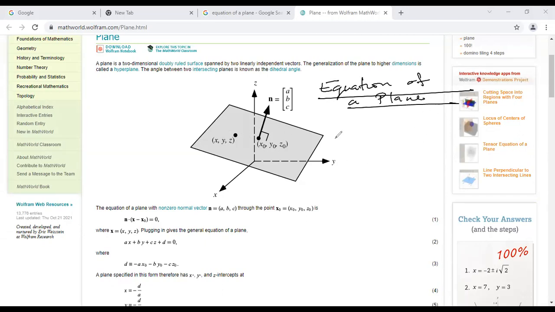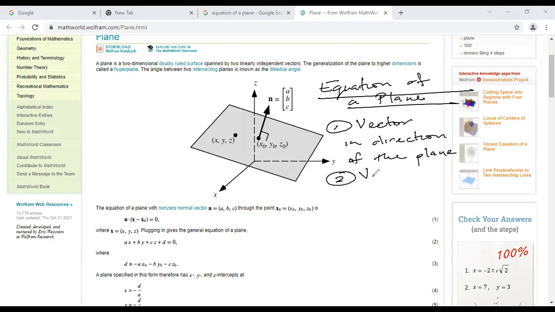We need two things. We need a vector in the direction of the plane, and we need a vector perpendicular to the plane, which you see in the diagram here is called n.